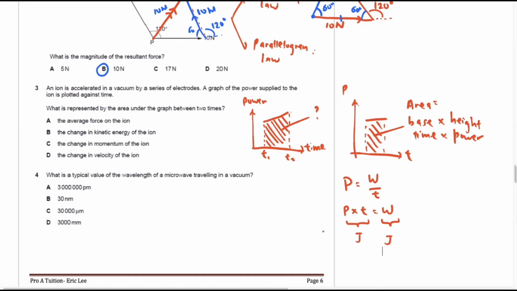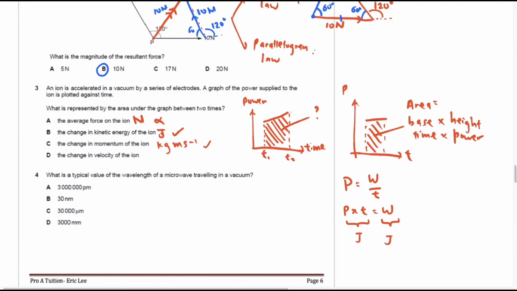So by looking at the unit, we know A is wrong. Force. Force is Newton, right? So the unit has to be joule, so this is wrong. Change in kinetic energy. Kinetic energy is joule. So this one, all right. Change in momentum. Momentum is kg m s negative 1. So by looking at the unit, we know it's wrong.